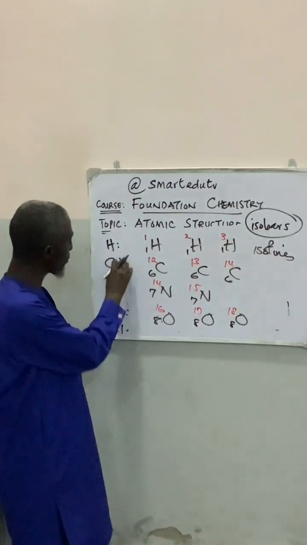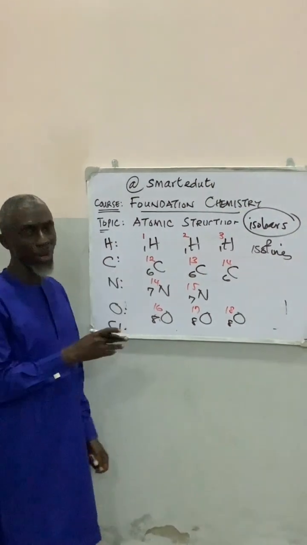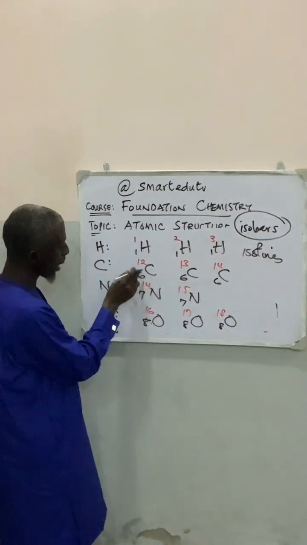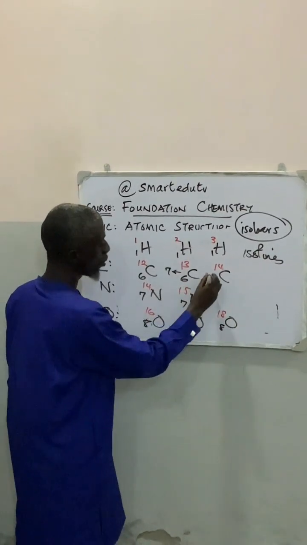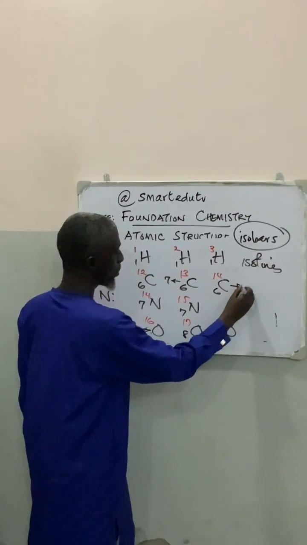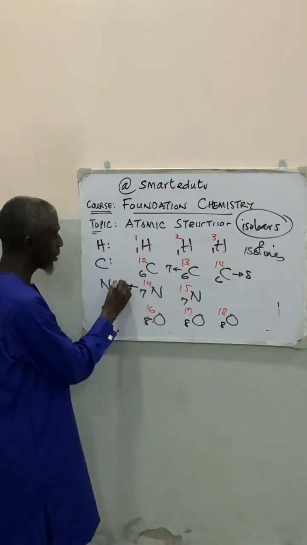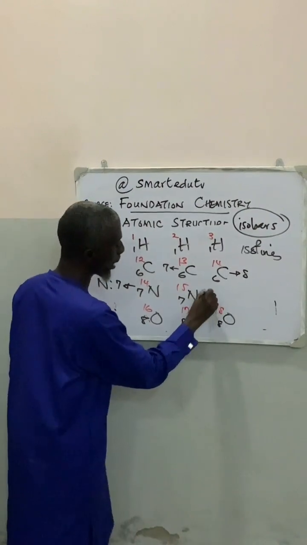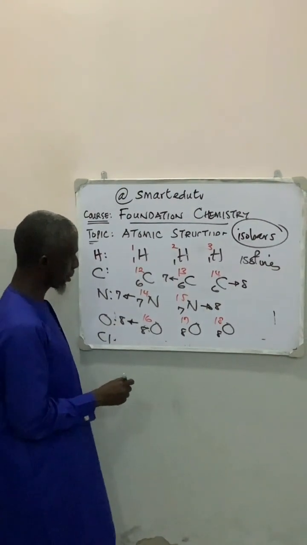Now let's look at different atoms that have the same neutron number. For example, the neutron number here will be 7, while the neutron number here will be 8. In this one, the neutron number is 7, while the neutron number is 8. Likewise here, the neutron number is 8.